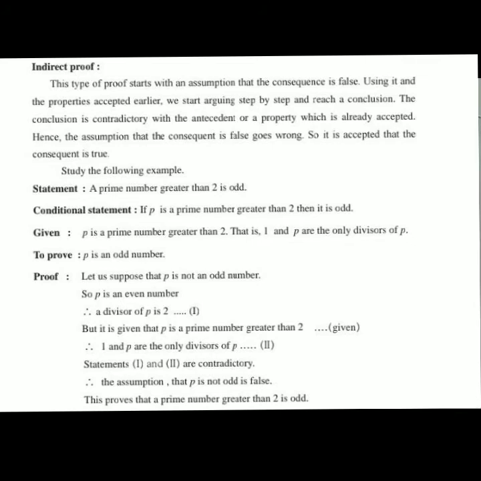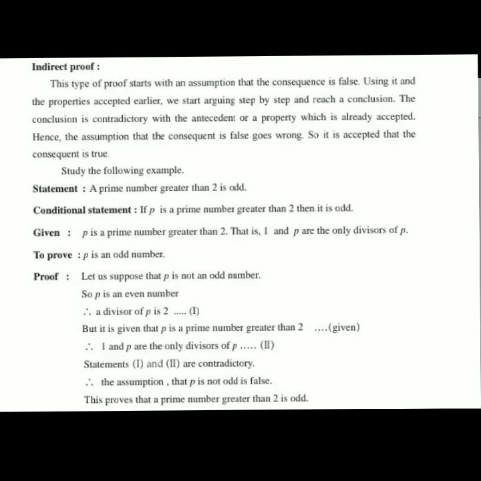Let's see the example. The statement is a prime number greater than 2 is odd. The conditional statement is if p is a prime number greater than 2, then it is odd.